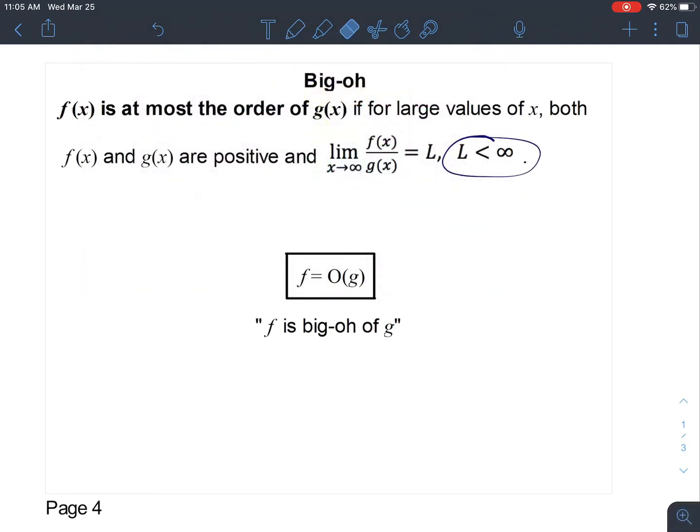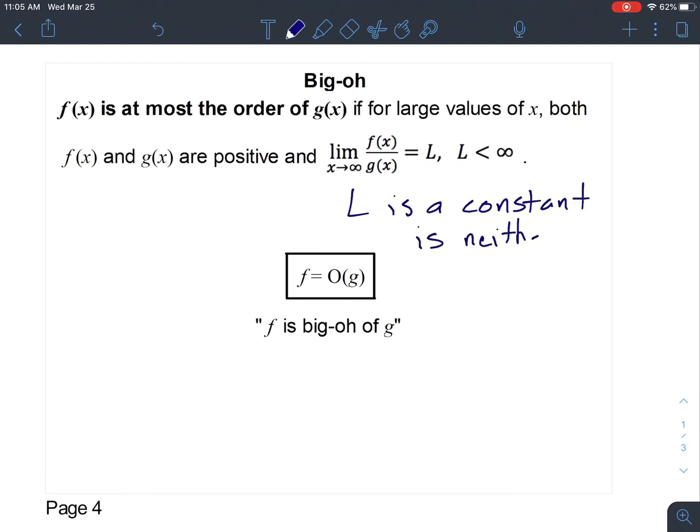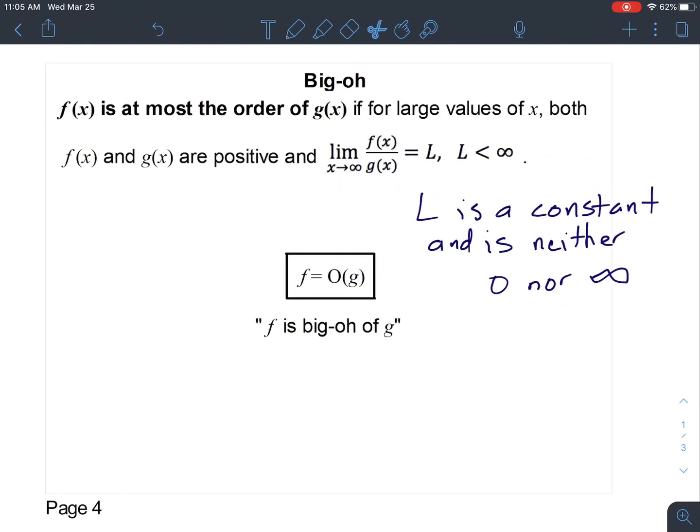Pretty much this is just saying that L is a constant, and that constant is neither 0 nor infinity. So that's what this is trying to tell us.